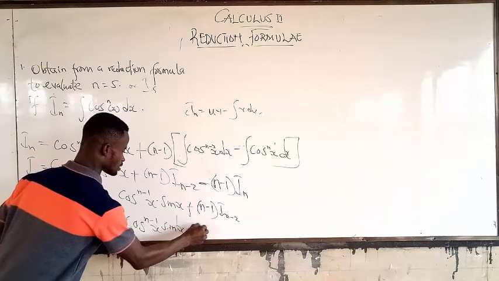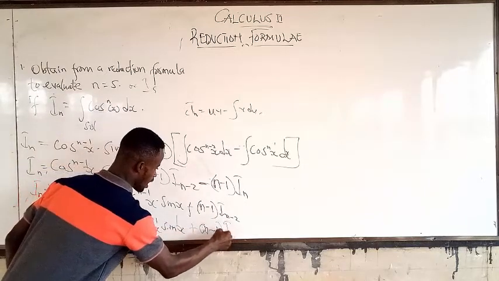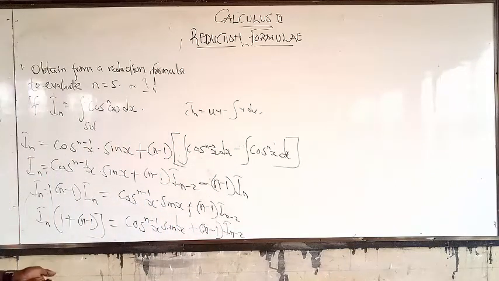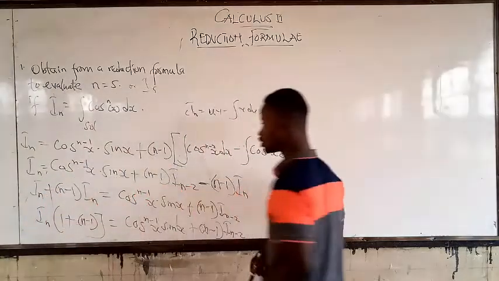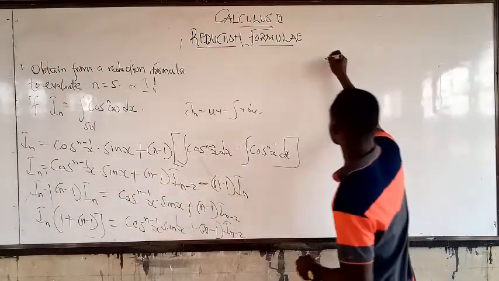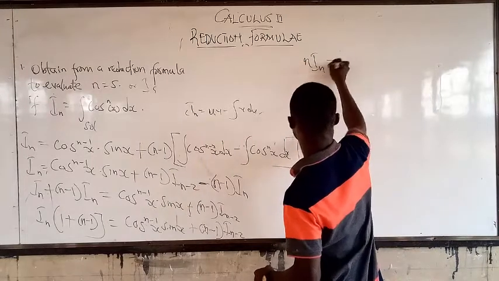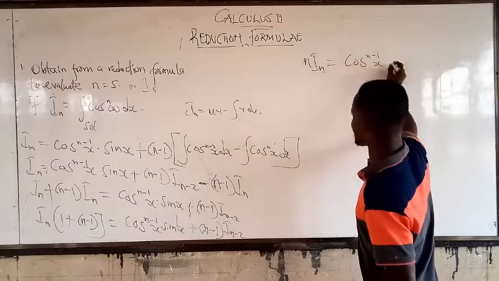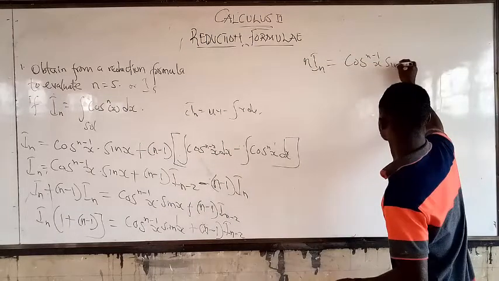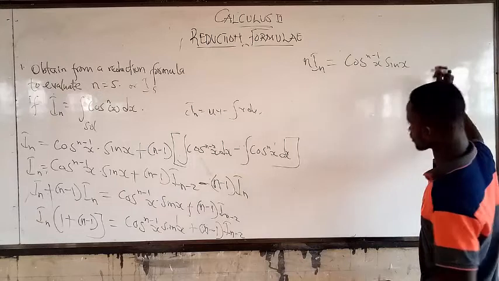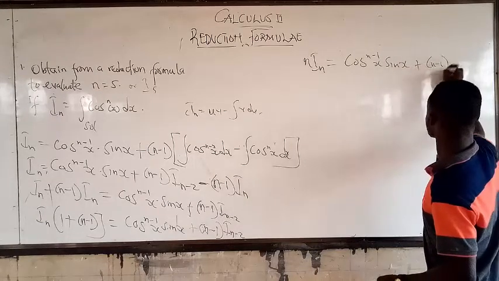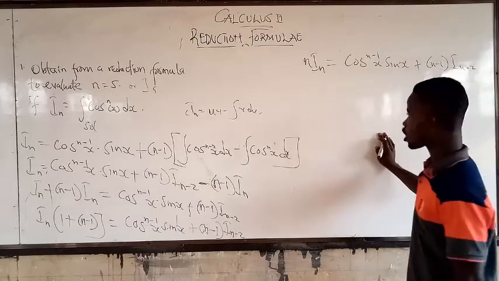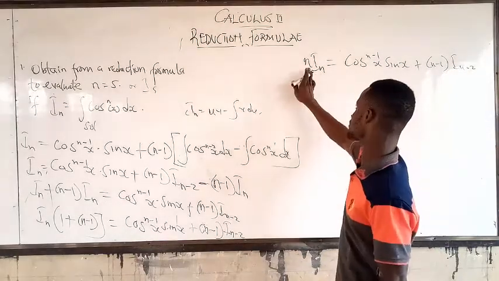So here will be plus n minus 1, I n minus 2. Very good. So this, the inside is just going to be done with n. So we are going to get n I n is equal to cos n minus 1 x sin x plus n minus 1 I n minus 2.